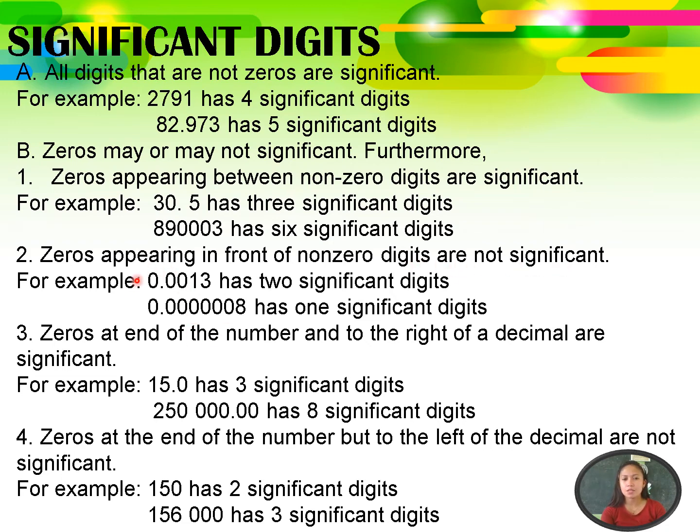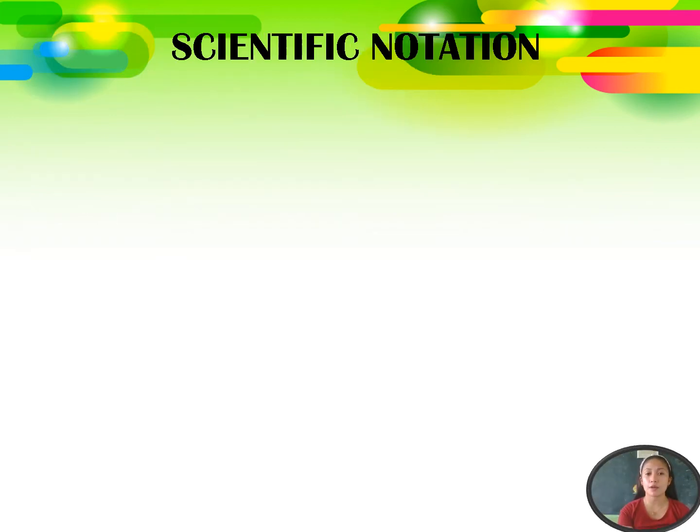And zeros at the end of the number but to the left of the decimal point, we consider as not significant. I think we're ready to discuss scientific notation.